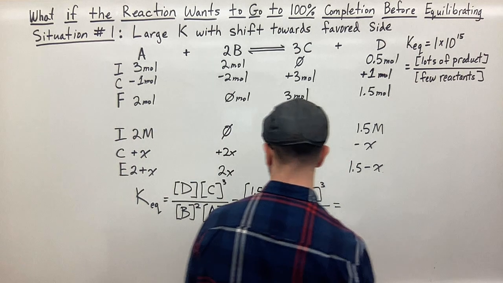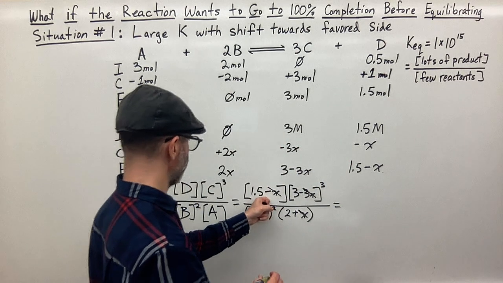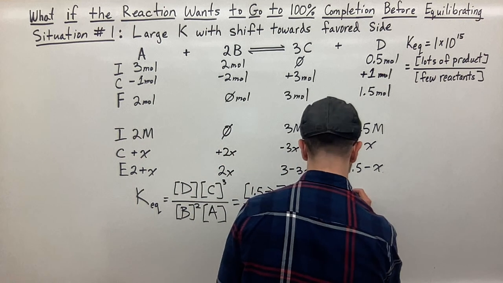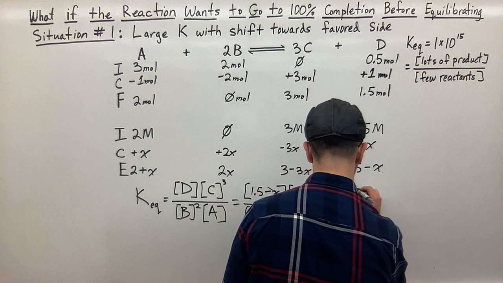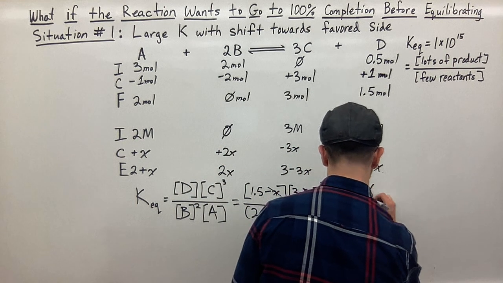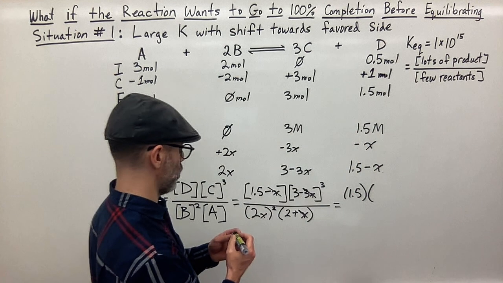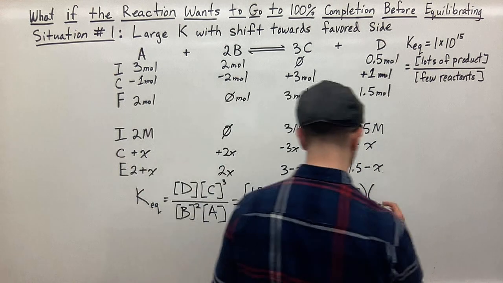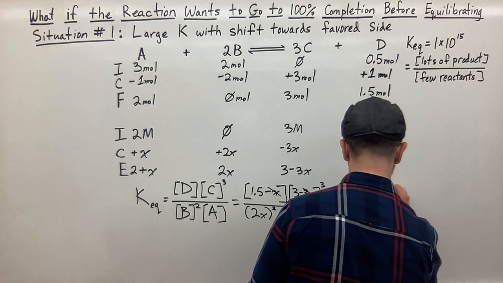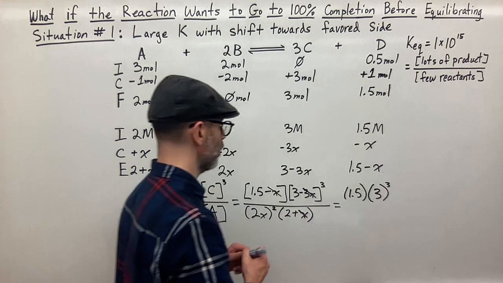So this is going to be equal to 1.5 times 3 to the third, which is going to be, let's put that there, 3 to the third.